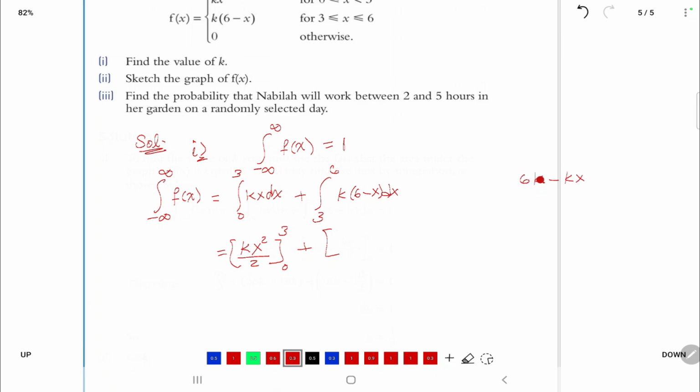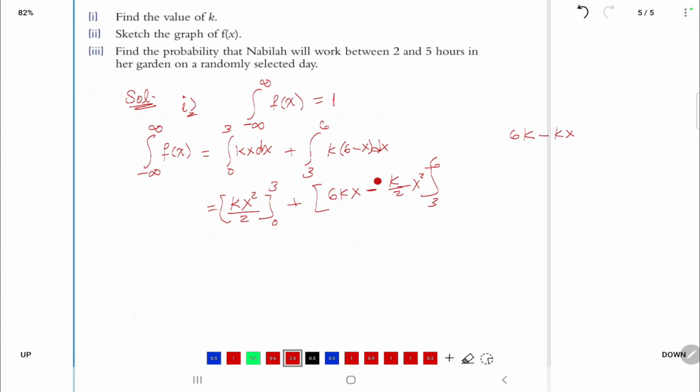Integrating, it will be 6kx, because 6 and k are constants, minus k over 2 x squared, with limits from 3 to 6. If you evaluate this, after mathematical manipulation, it is 9k.